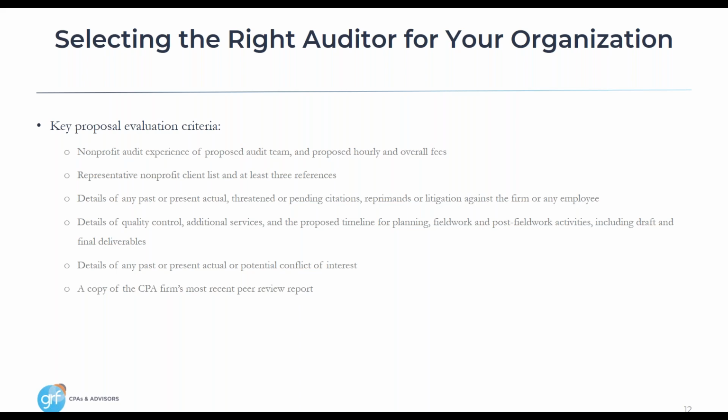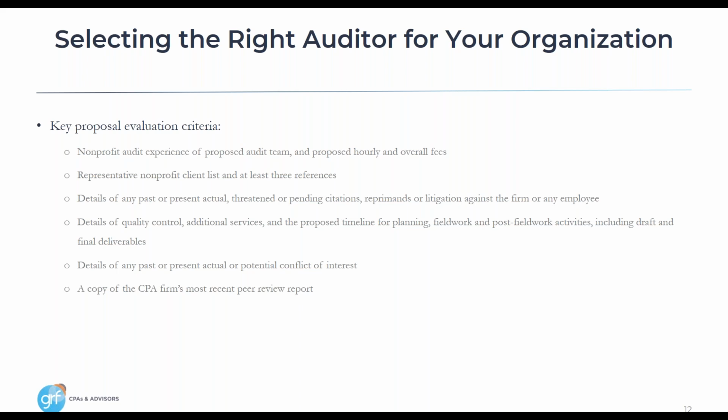Some of the key items that you should consider are the following. First and foremost, you want to make sure that the CPA firm responding to your request for proposal has substantial and relevant nonprofit audit experience. So the key word there is nonprofit, not just audit experience, but nonprofit experience.